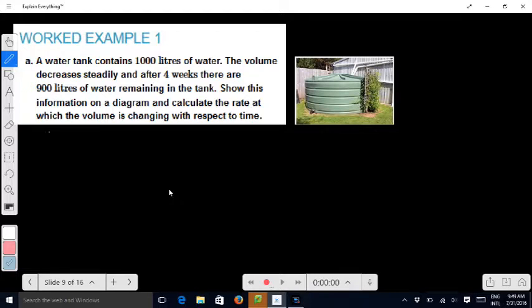So we're going to have capital V, meaning our volume in litres, and we have our time, little t.